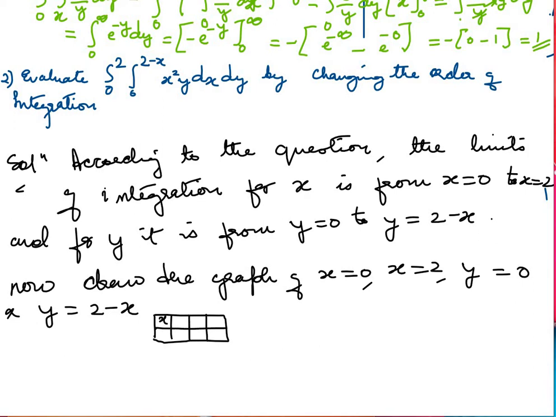This is x, this is y. So when x is equal to 0, then y is equal to 2. When x is equal to 1, y is equal to 1. When x is equal to 2, y is equal to 0. So let us draw now the graph of these four curves.